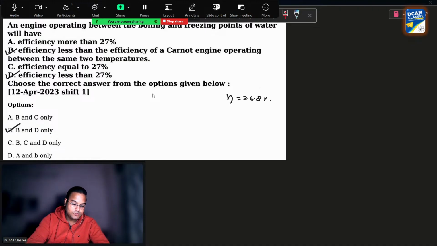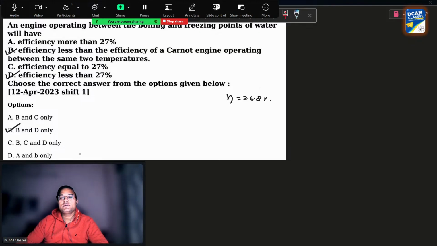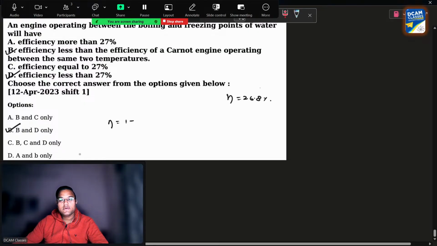What about you, Kanishka? You're getting the answer? Efficiency less than the efficiency of Carnot engine, because I told efficiency of Carnot engine is maximum, and the efficiency is 1 minus T2 by T1, boiling and freezing point, 1 minus 273 by 373.